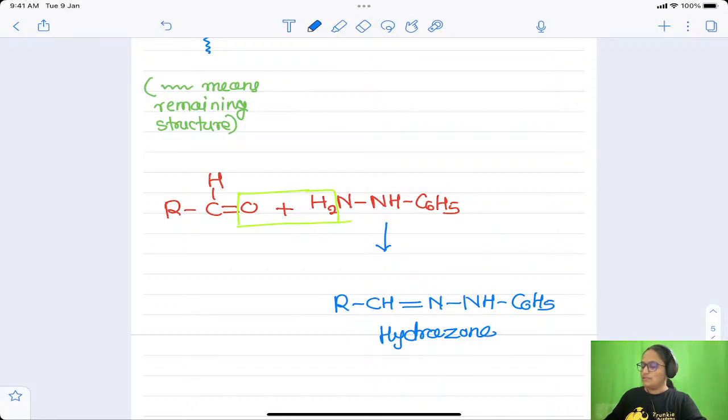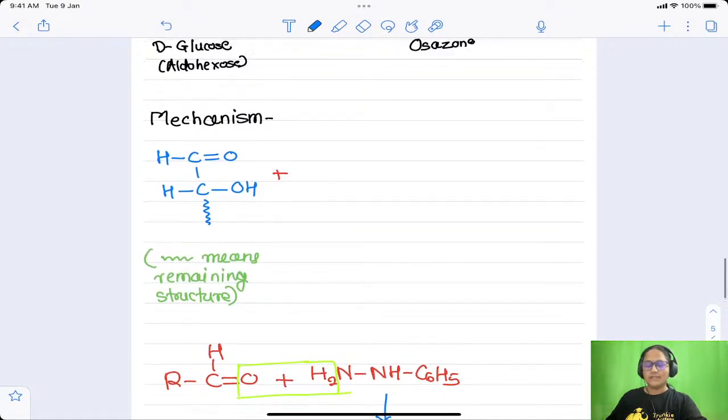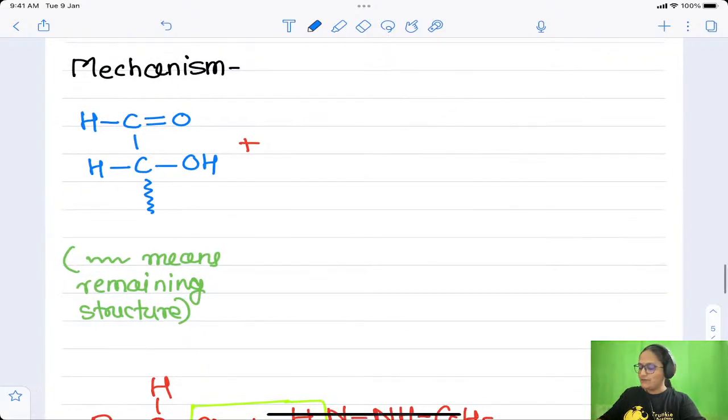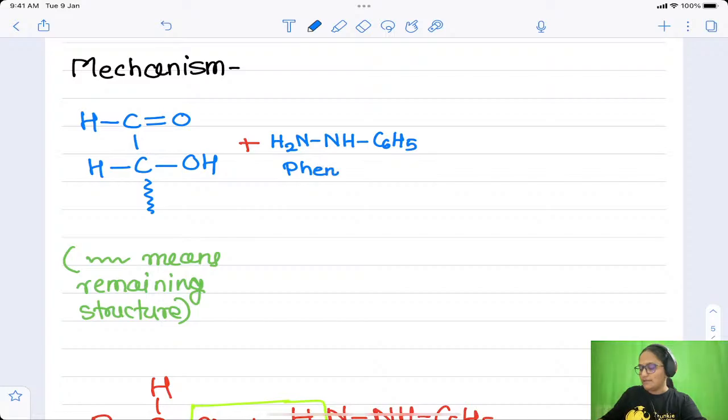Okay, this reaction is the nucleophilic addition reaction which we have already studied in the aldehyde, ketones and carboxylic acid chapter. The same kind of reaction takes place here for glucose. Glucose is nothing but an aldehyde only, an aldohexose. Therefore it also shows the same reaction. So I will write down here NH2NH C6H5, which is nothing but your phenyl hydrazine.